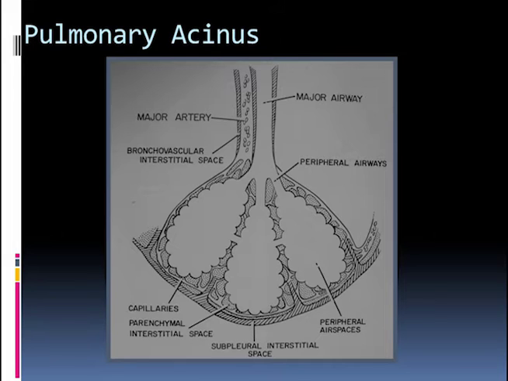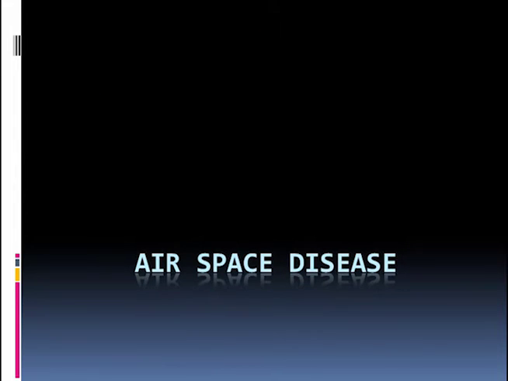So we have airway, we have artery, we have air sacs, and we have two separate interstitial spaces. One which communicates with the bronchovascular bundles and the pleura, and the second one which is parenchymal and holds these air sacs and allows oxygen exchange.